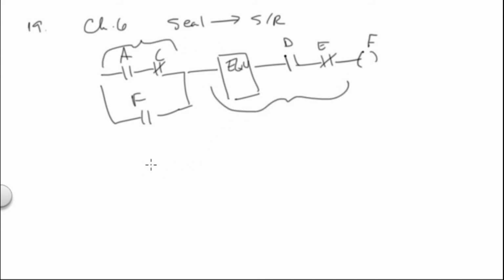So what do I do with the start part? Move it over as is. A and not C gives me my set for my bit called F. What about this part right here? You must take the De Morgan. How do you take the De Morgan of it? You negate each of these. So the equals becomes a not equals.